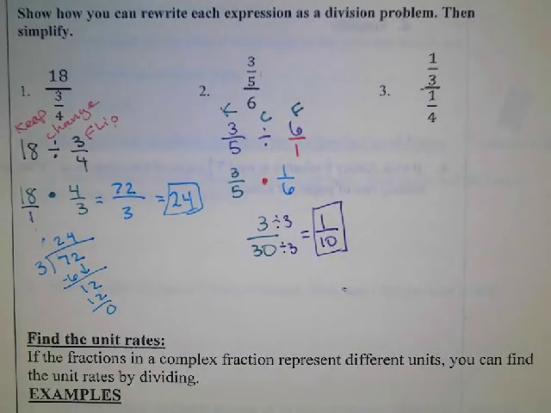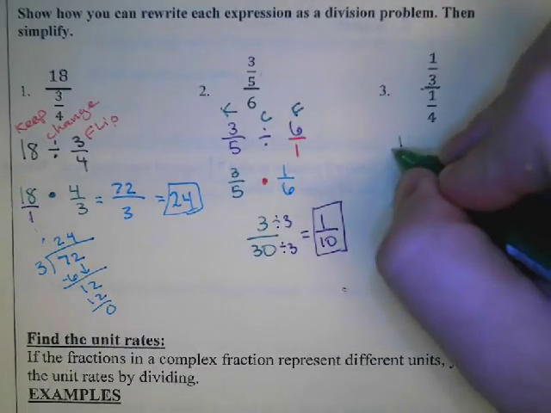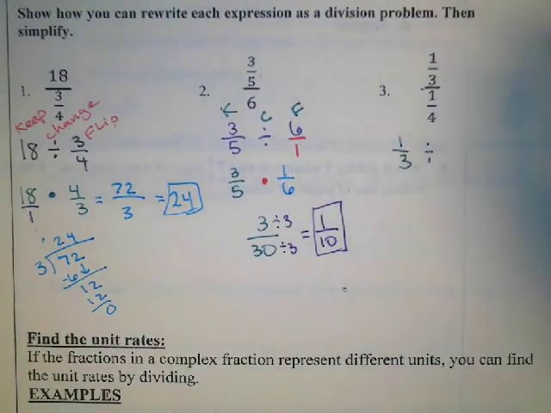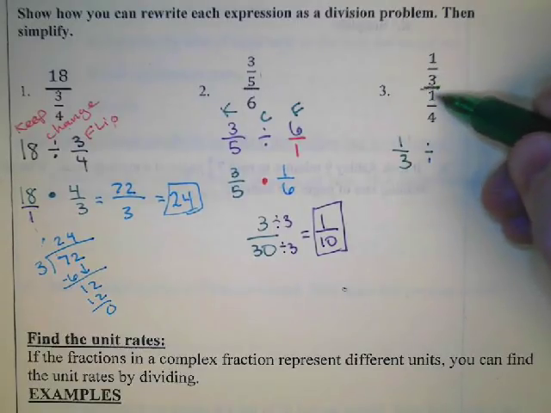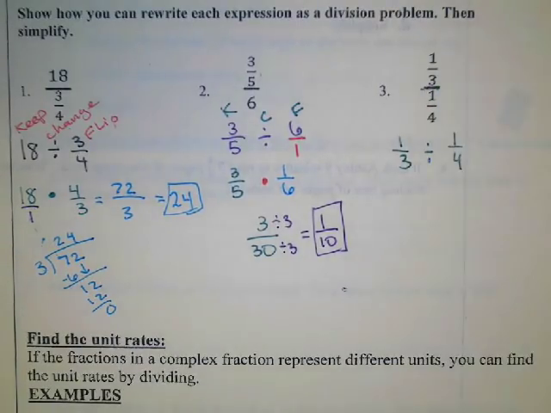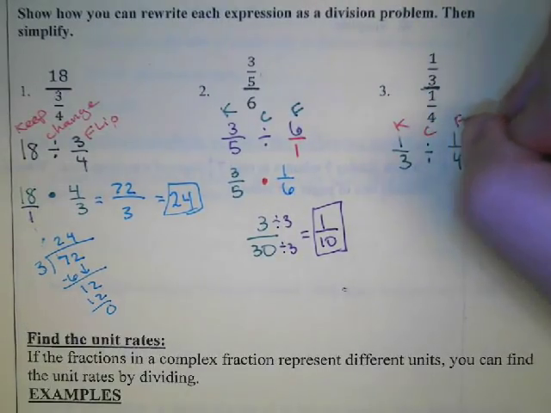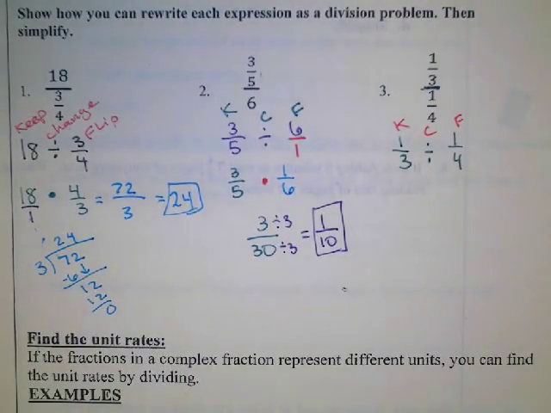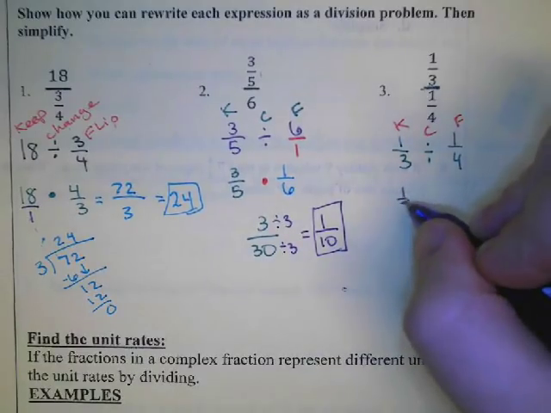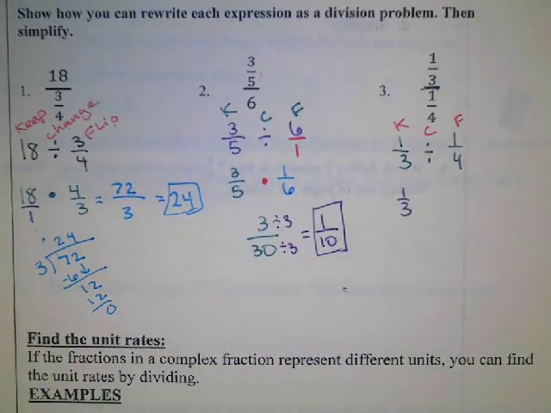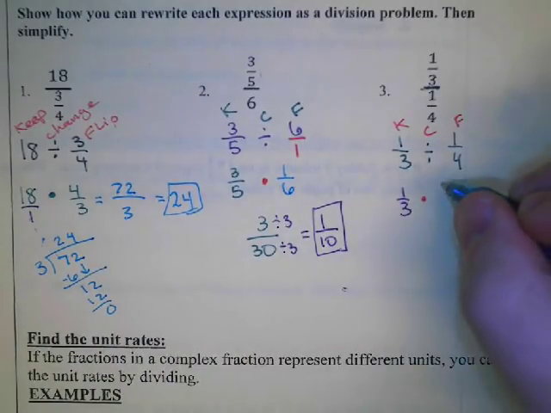So I'll go 1/3 divided by 1/4, and then we'll use our keep, change, flip, and we'll end up with 1/3 times flipping 4/1.